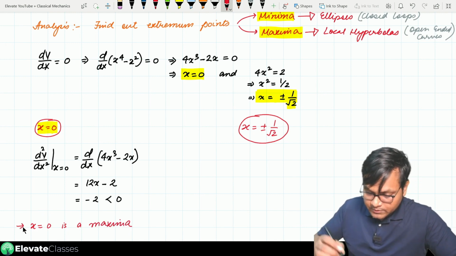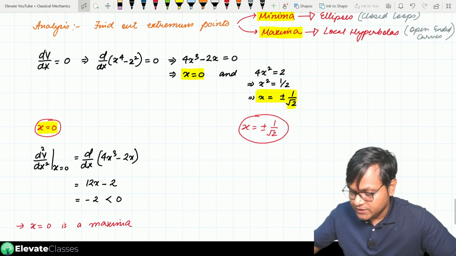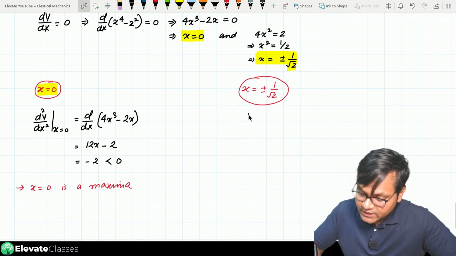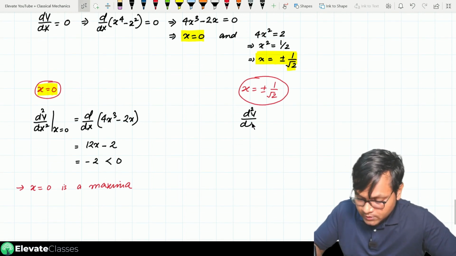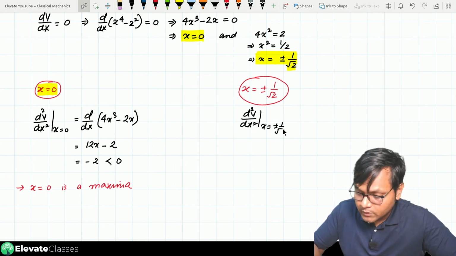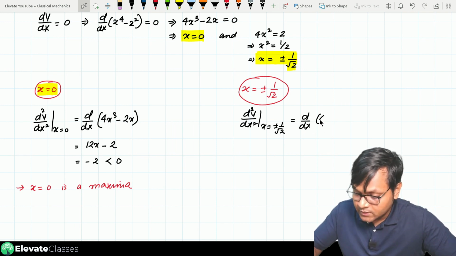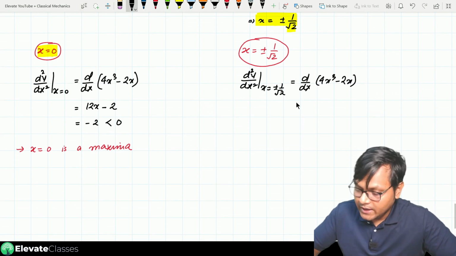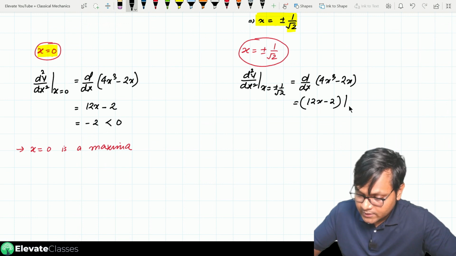Fine. Now, the next scenario. Here, you have d2V upon dx2 at x is equal to plus minus 1 upon root 2. What is this? This is equal to d/dx of, again, 4x cube minus 2x, which is 12x square minus 2, at x is equal to plus minus 1 upon root 2.